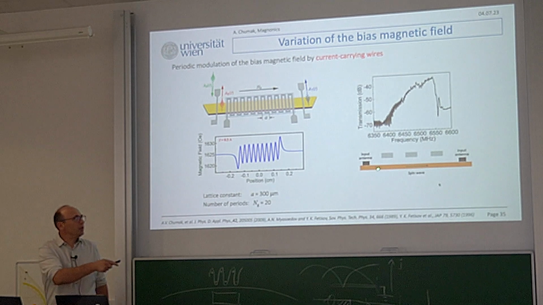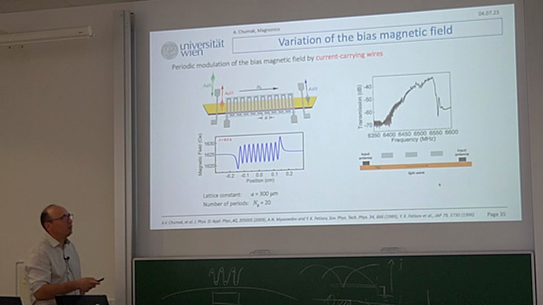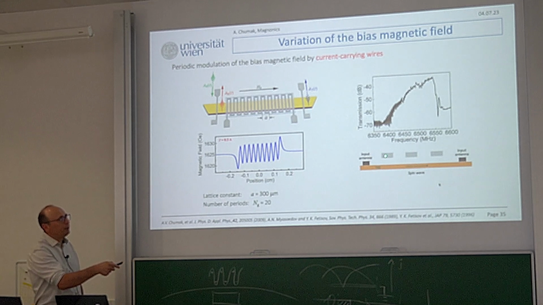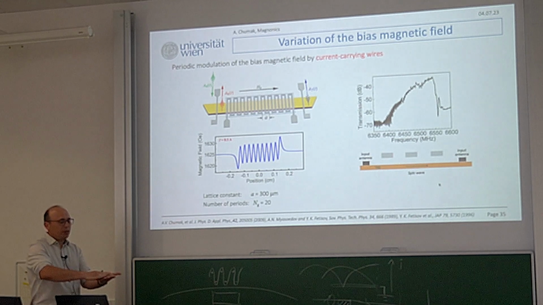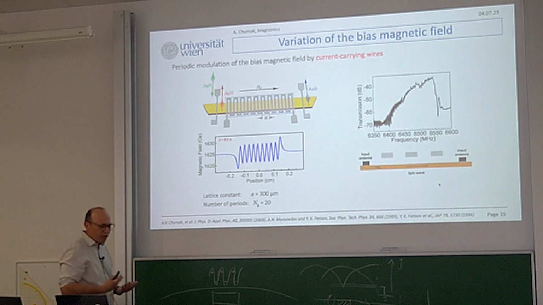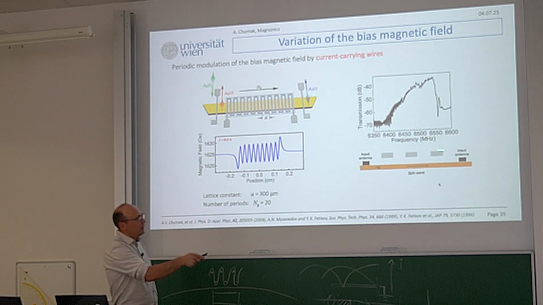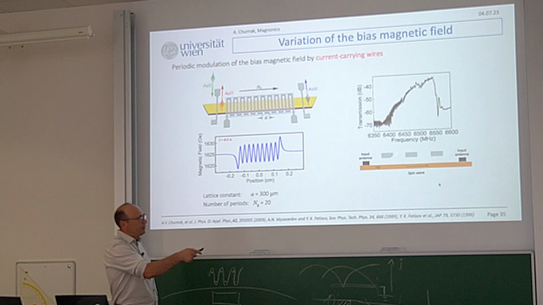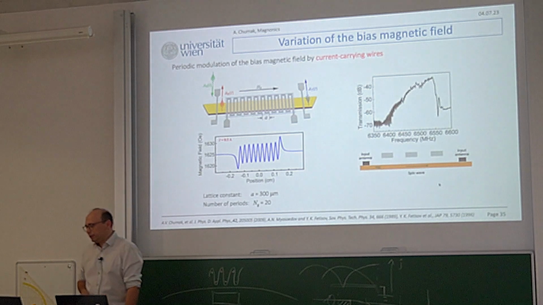So the dependence from YIG is exponential and fast, and this one is slow. Therefore, by increasing spacing, you can get to a point where these antennas no longer feel the field created by YIG, but YIG feels the field created by the wires. That's exactly what was done.